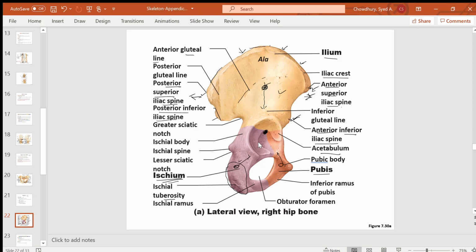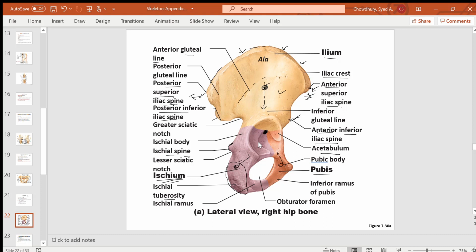When you sit on the ground or on a chair, you sit on this ischial tuberosity. And this sharp structure is called the ischial spine. So the ischial tuberosity is this rough structure, and this pointed structure is called the spine.